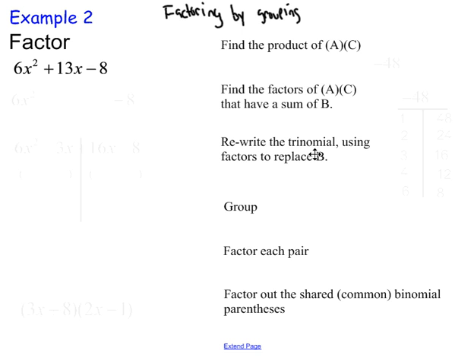All right, so these steps, they look like a foreign language to you at this point. So what I want to do is just go through each step by using 6x squared plus 13x minus 8 as an example, and that should take us to the end of our video. Okay, so first it says find the product of a and c.